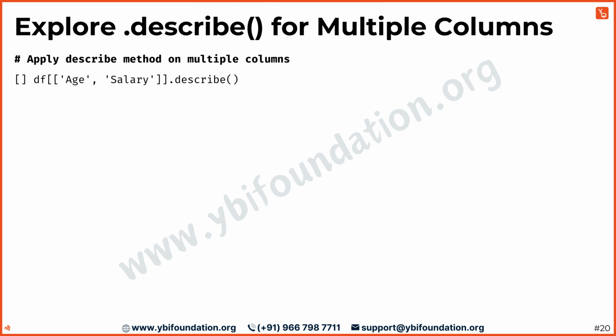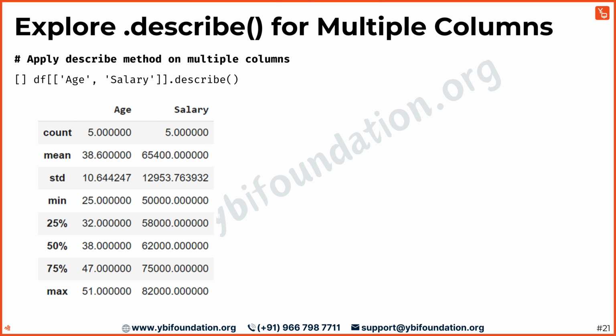Using double brackets is important whenever we want to select more than one column from the data frame. The describe method will return the summary statistics for all selected columns. By applying describe to specific columns, you can focus your analysis on the most relevant data without processing the entire data frame.